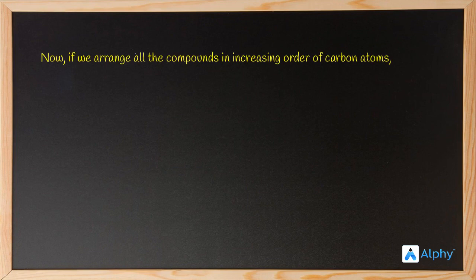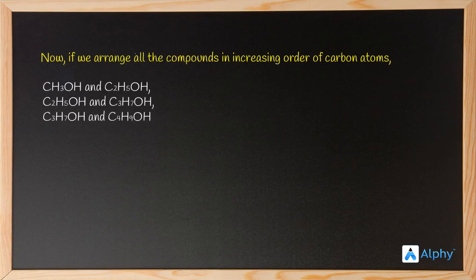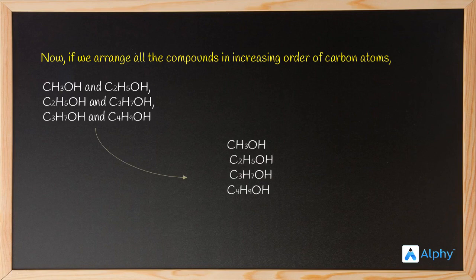Now, let us arrange all these compounds in increasing order of carbon atoms. These are the compounds we have. If we arrange all of these homologues, we will get a sequential homologous series. We arrange them in increasing order of carbon atoms: one carbon atom, two carbon atoms, three carbon atoms, four carbon atoms.